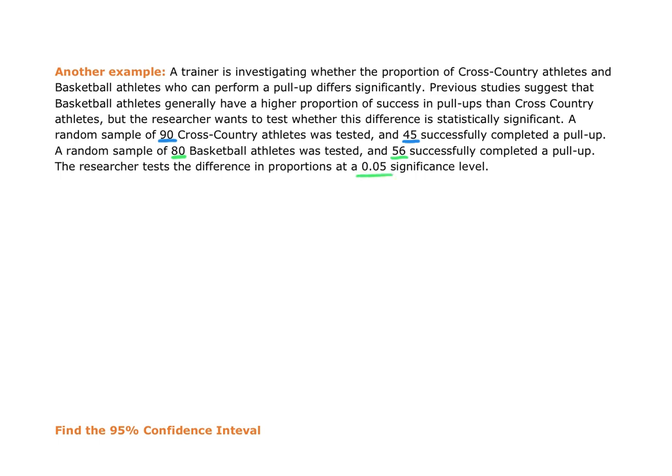All right, so let's write down the pieces of information that are relevant. This is the difference in proportions, so we're going to test for the difference in proportions. The sample size for cross-country runners, N1, is 90. The sample size for basketball players, N2, is 80.